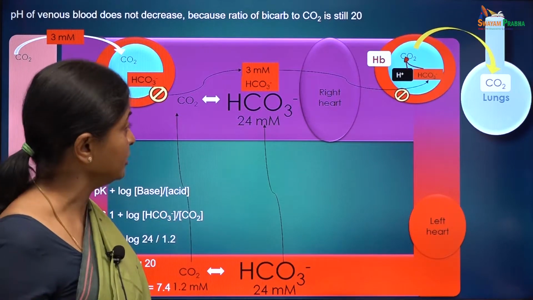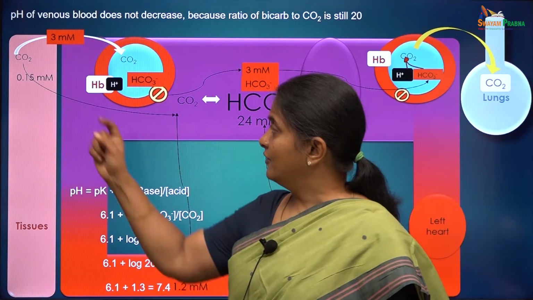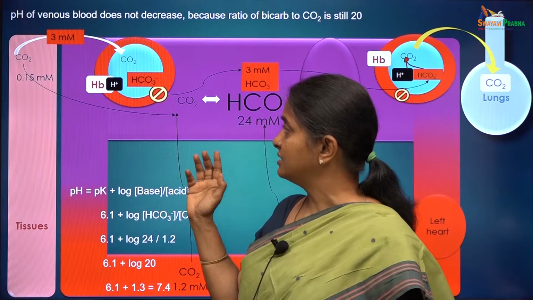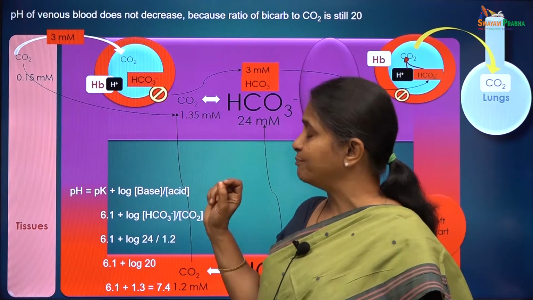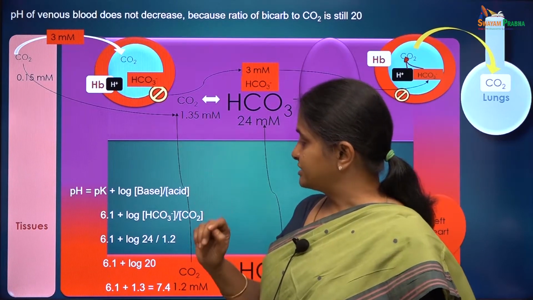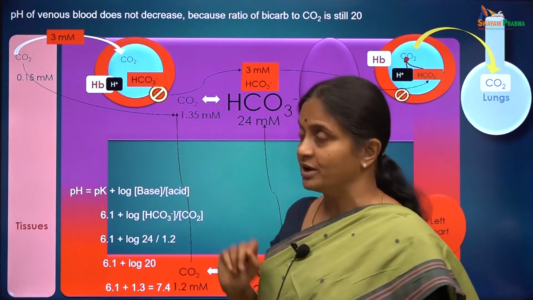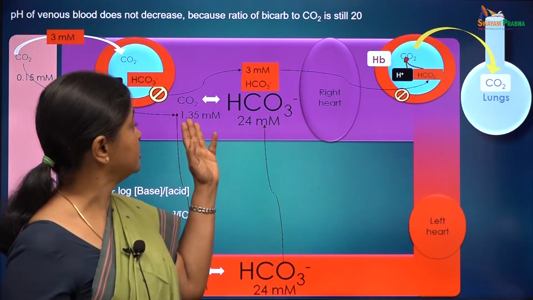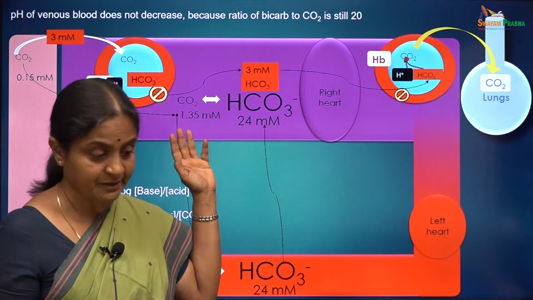Does that happen at all? Not really, because a very small amount of carbon dioxide, just 0.15 millimoles per liter, is allowed to remain dissolved as carbon dioxide per se, so that the venous carbon dioxide concentration is 1.2 plus 0.15, that is 1.35 millimolar, and the ratio of bicarbonate to carbon dioxide still remains 20 even in venous plasma.